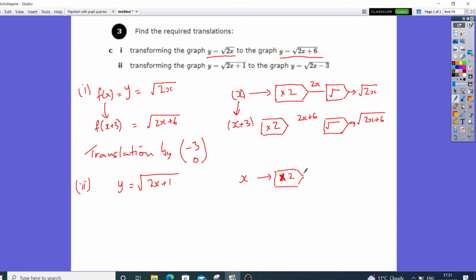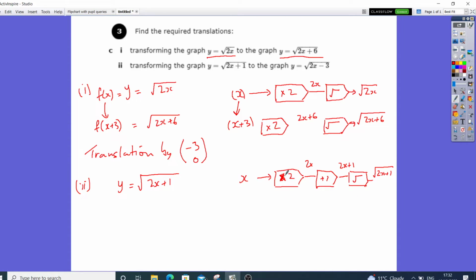When you double that, you've got 2x. The second machine is adding 1 to it, so that becomes 2x plus 1. Then the next machine square roots it, so it chucks out root 2x plus 1.